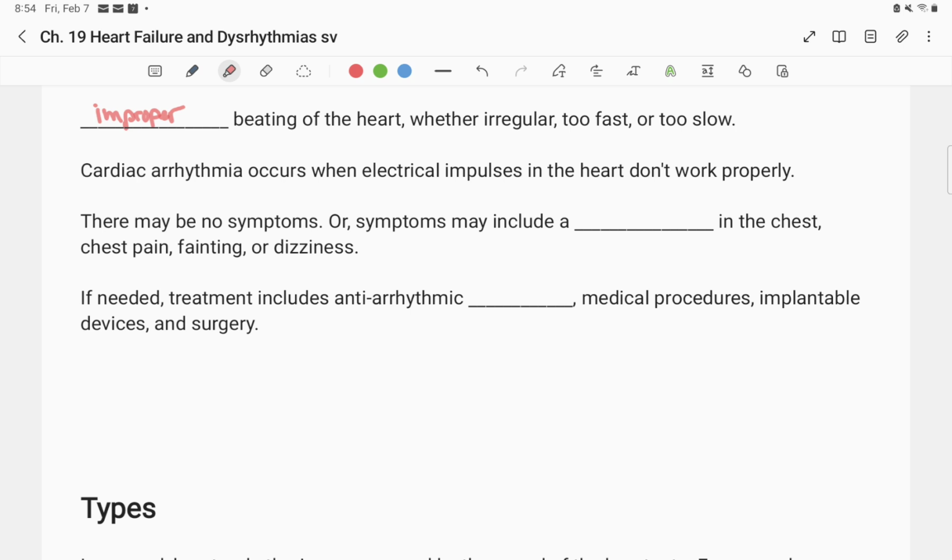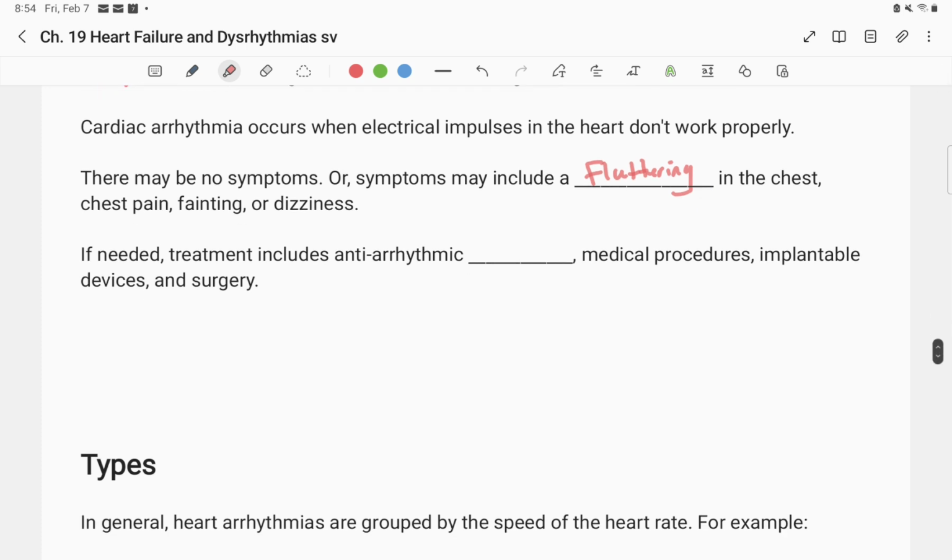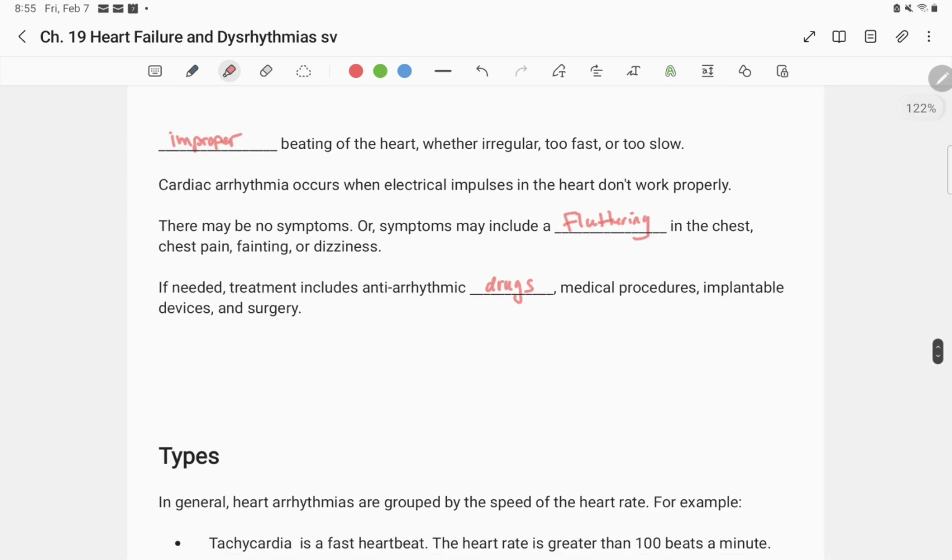There may be no symptoms, so everything's mild enough where a person just doesn't feel anything, or symptoms may include a fluttering in the chest, chest pain, fainting, or dizziness. If needed, treatment includes anti-arrhythmic drugs, medical procedures, implantable devices, and surgery.